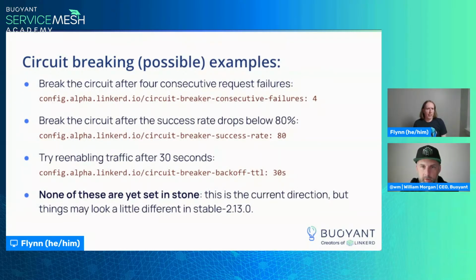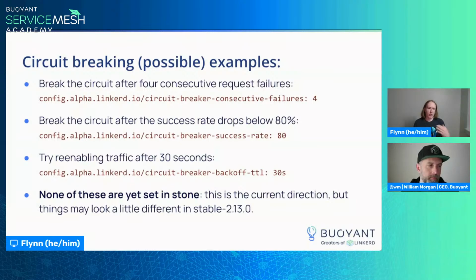Flynn, you want to walk through some examples here? I should probably start by emphasizing the last point here, that this is not in Edge 23.3.2, which is what we're working with. So all of this is subject to change. But the idea is that you'll have annotations where you get to say things like, after this many consecutive failures, consider this one to be dead and break the circuit to it.